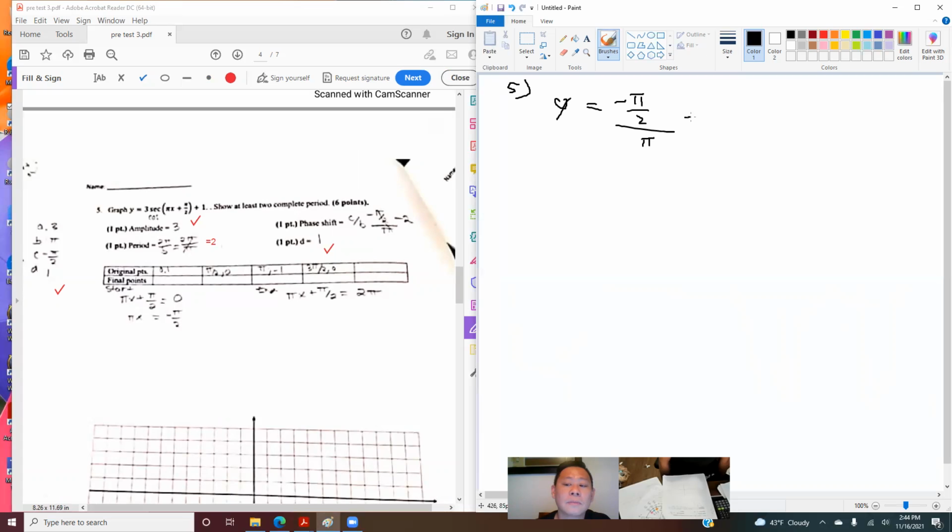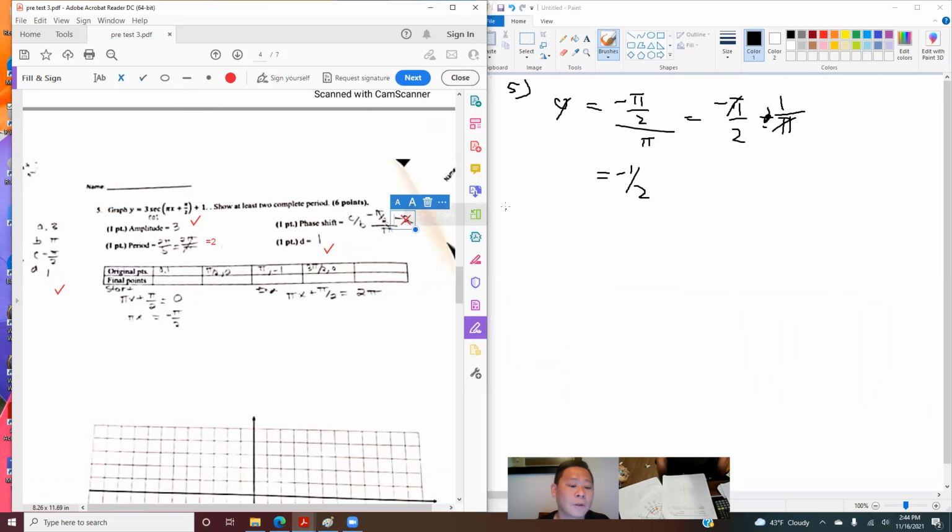So this is -pi over 2 divided by pi, which is the same thing as times 1 over pi. So the pi and pi cancel. What do you get? -1 over 2. Okay, so this is wrong. All right, the rest is good.